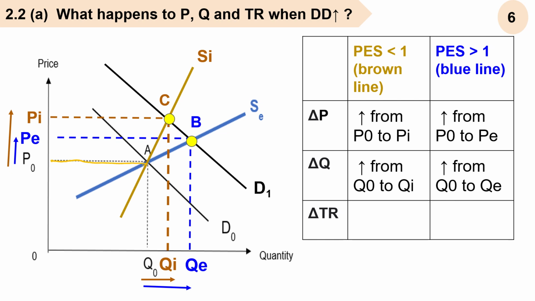I'll use red. Yeah, this is your initial total revenue. Then can you tell me what's the final total revenue? PI, yeah.